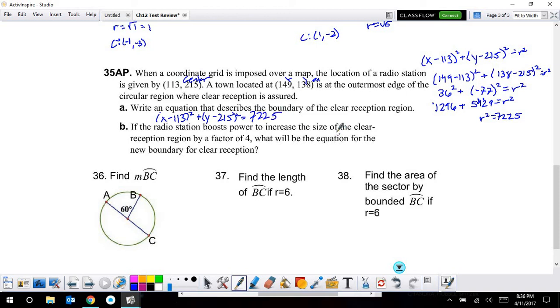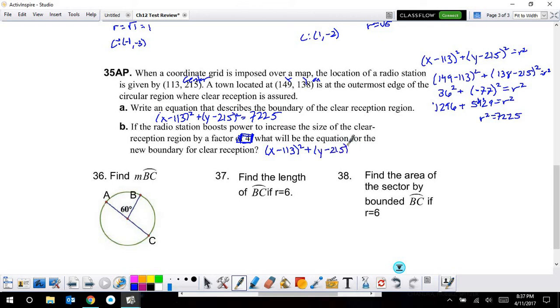Okay. Now, if I was multiplying the size of the reception by a factor of 4, so I'm trying to multiply the area by 4, that means the radius would basically have to double, which means the radius squared would have to multiply by 4. So the station wouldn't actually move. The center would be at the same position.